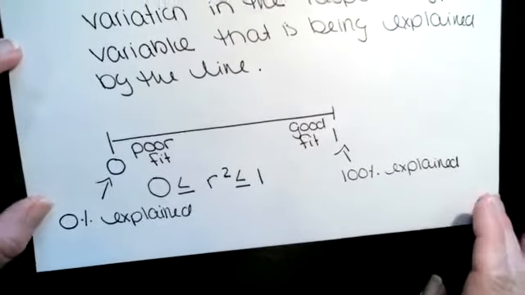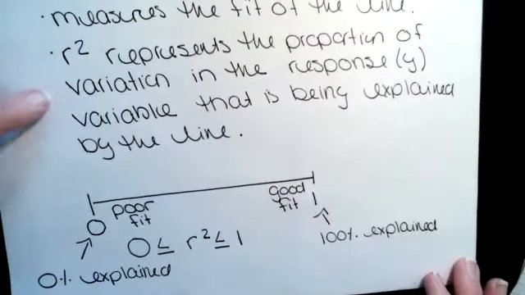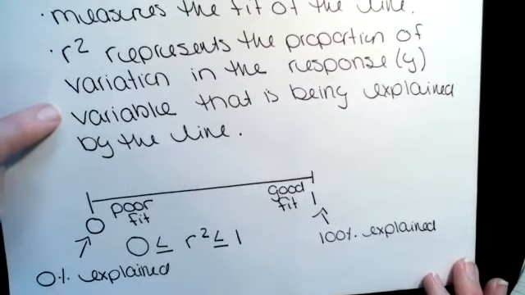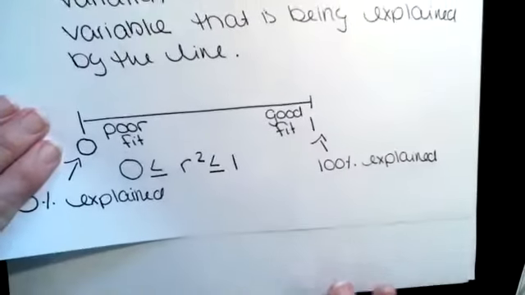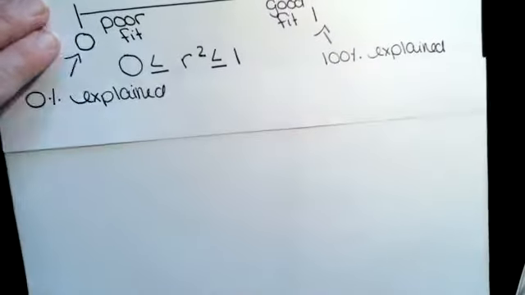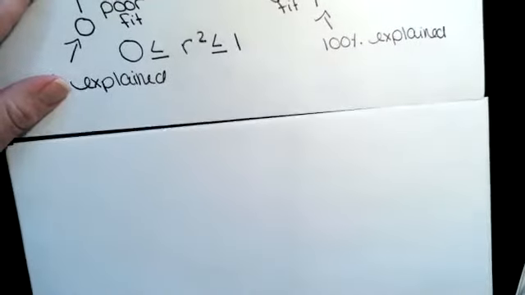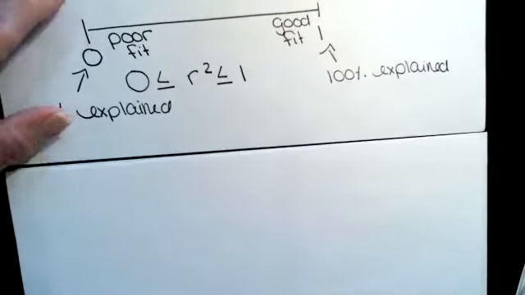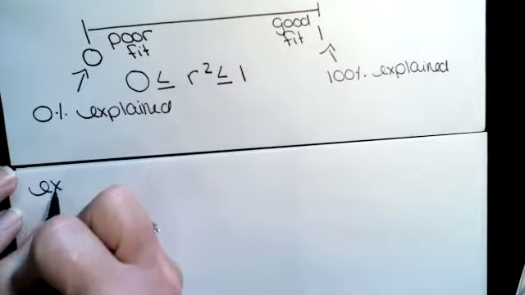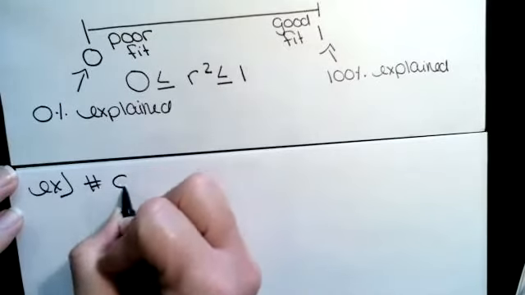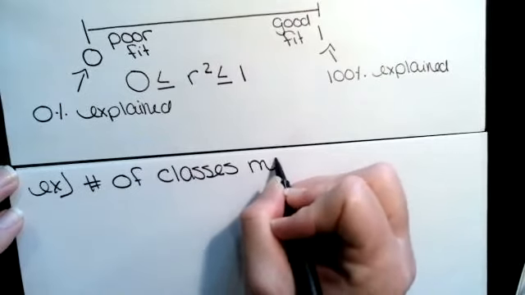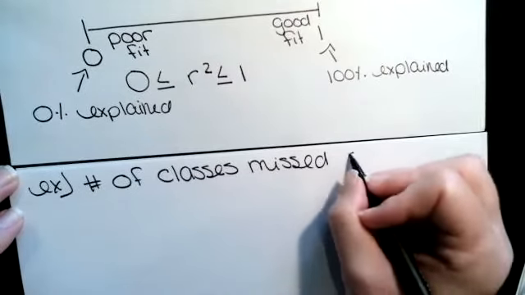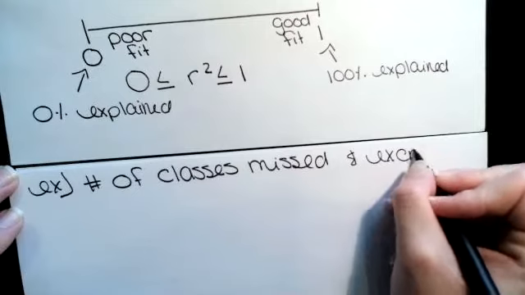So let's take a look at an example, and we're going to write out this interpretation. I'll give you more of a template sentence, but this right here is my interpretation of my r squared. So for today's example, I actually took my pre-calc class, and I looked at the number of classes that some students missed and their exam number 2 score.